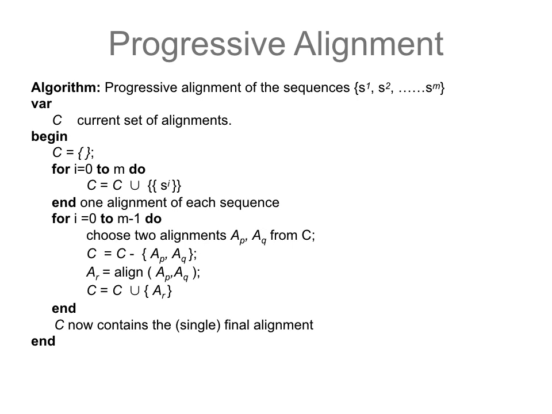So now we're iterating once again. From 0 to m minus 1, we pick two alignments, AP and AQ, from C. At this stage, we're just randomly picking them as they come along, and we remove both of these alignments from the existing set C, and we create the alignment of AP and AQ.